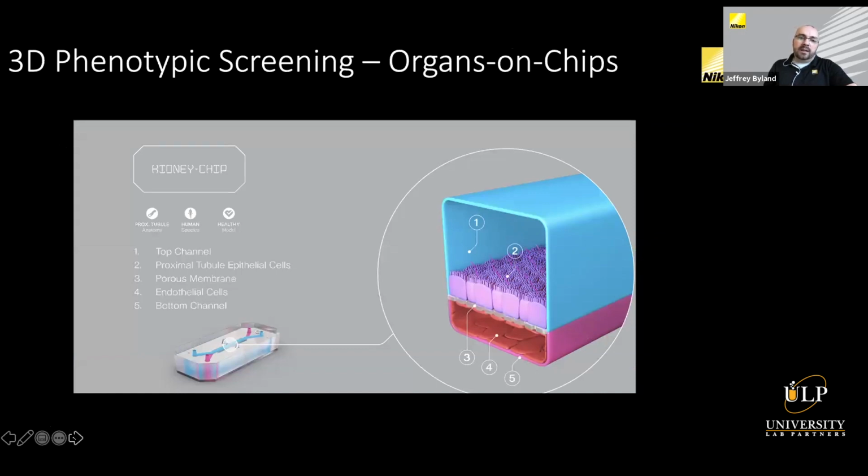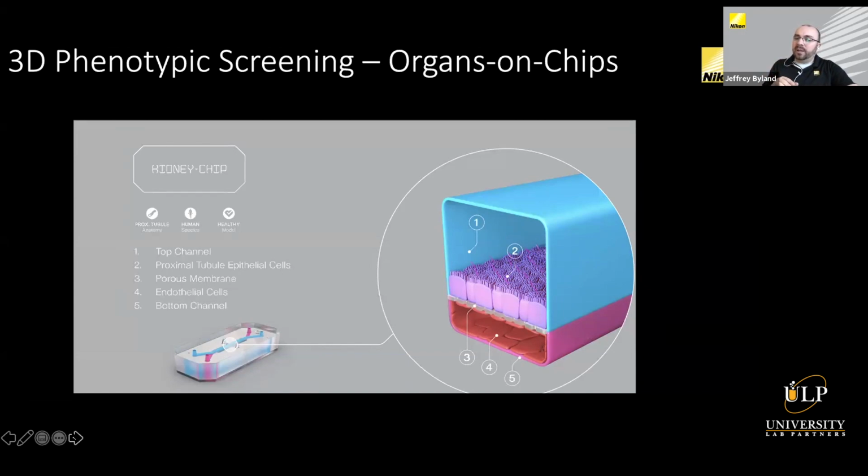This is a kidney chip, for example, and you can see that in this system, one can recreate how a kidney is put together. So on the very bottom layer are endothelial cells that have been seeded in a three-dimensional arrangement that mimics a vessel, right? And then there's a membrane in the middle, and then the next layer up, we have proximal tubule epithelial cells, and these are functional kidney cells.